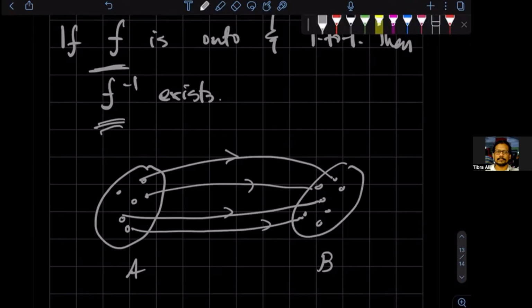So if you take any element in B, there is an associated element in A. That correspondence gives you the F inverse. So if it's a one-to-one and onto map, then finding the inverse is trivial.